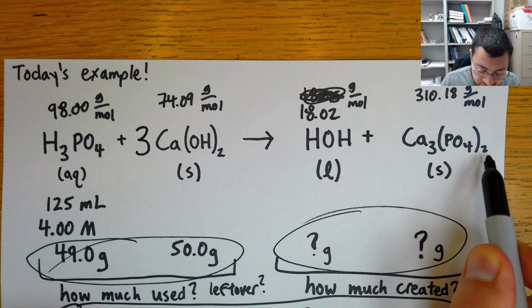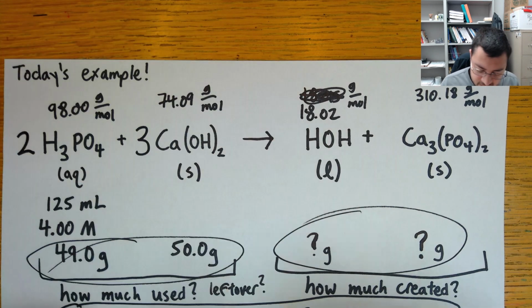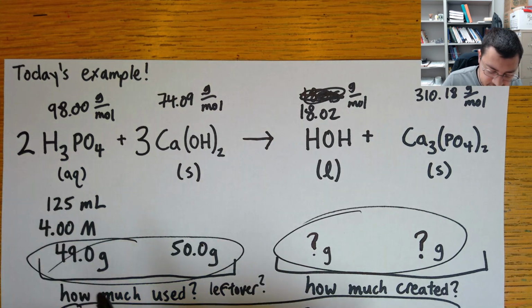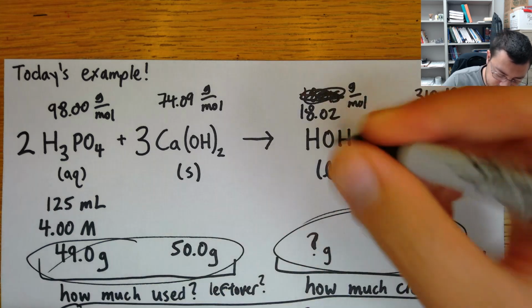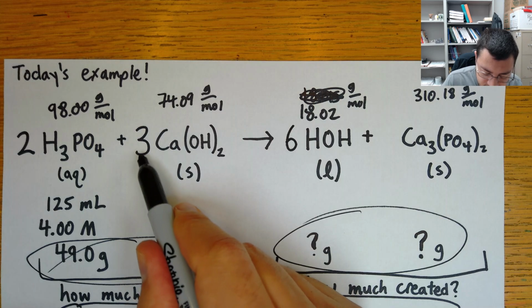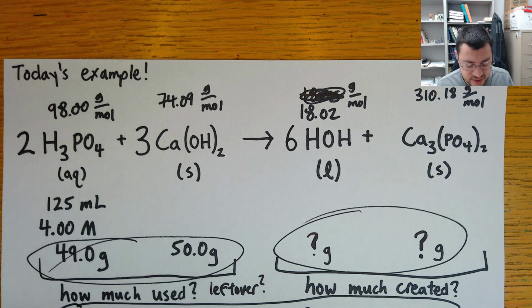If we ended with 2 phosphates, we must have started with 2 phosphates. And 2 times 3 H pluses means we're going to have 6 of these. And hopefully we had 6 hydroxides to go with those H's, and we do.